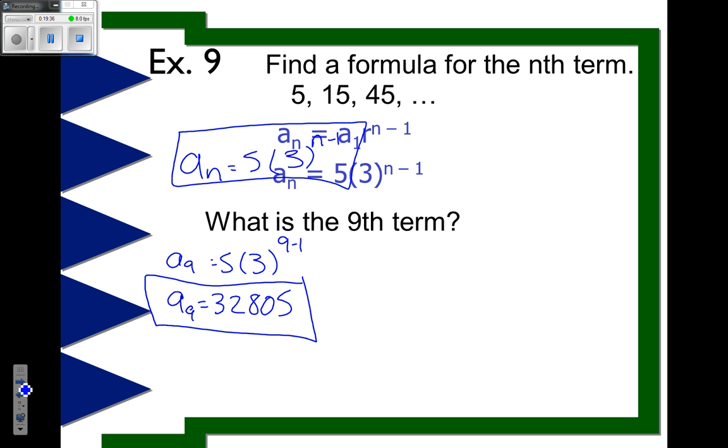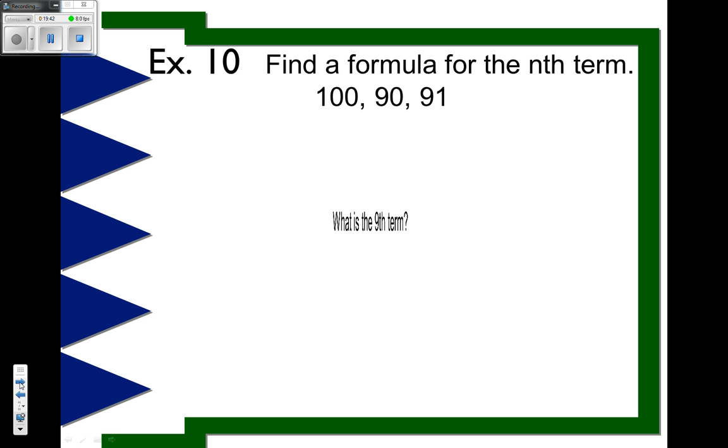Have you already done the next one? What's the formula? On your note guide, this is right. See? Easy fix.